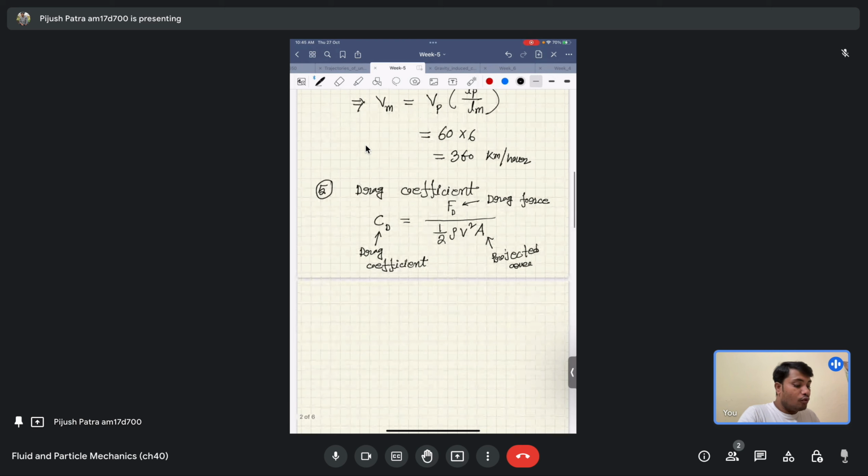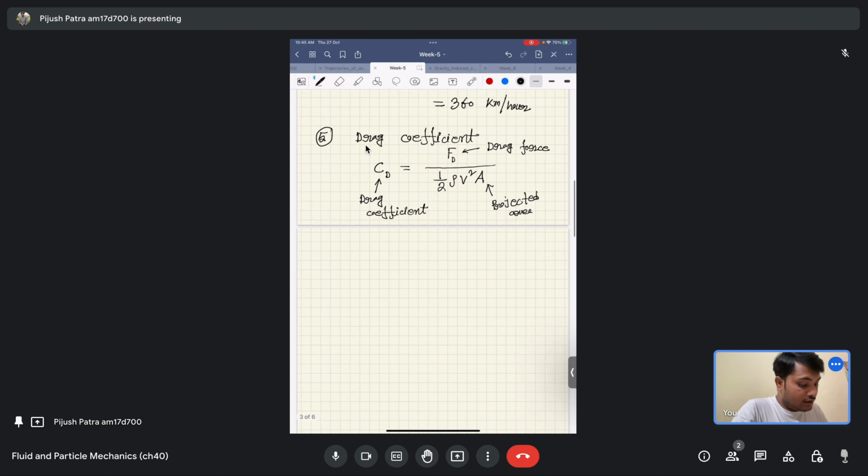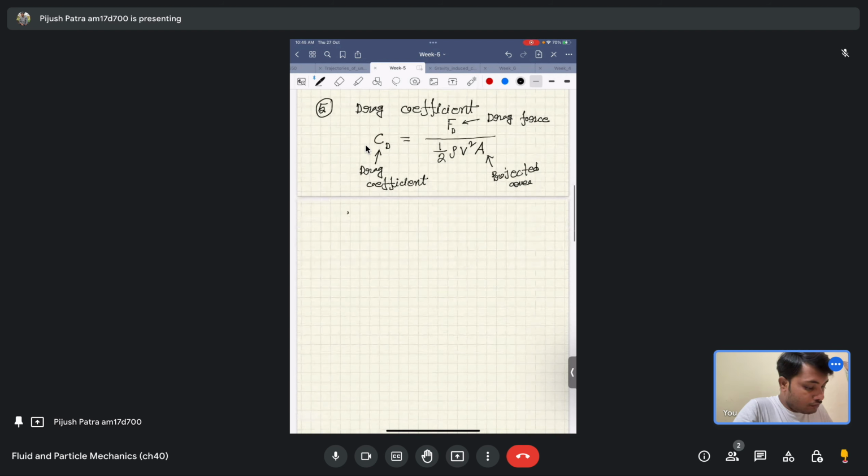So for the two models to be dynamically similar, it is given that the drag force for the case of the model is equal to 510 Newton. It is given, am I right?